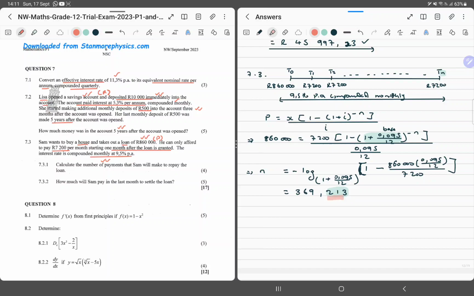Because of this small decimal, it means we're going to pay our 7,200 in full for 369 terms. But there will be one last term where we will be paying something smaller because there is a decimal. So essentially, in total, how many payments, even if we don't care how much, the payments are going to be 370. Okay.